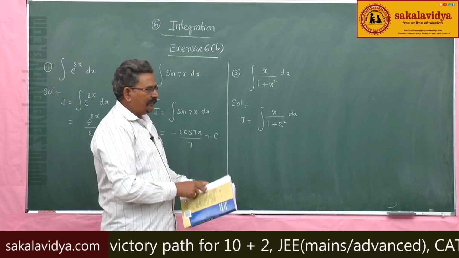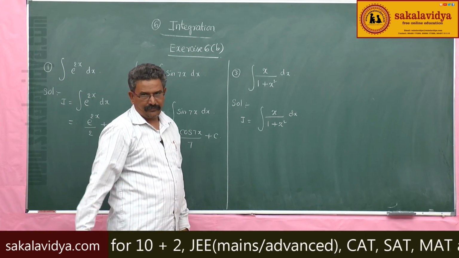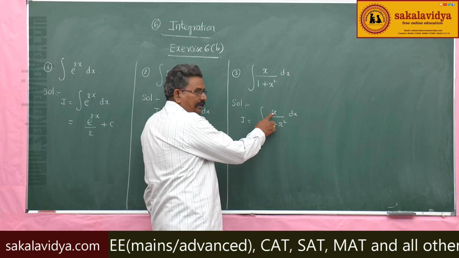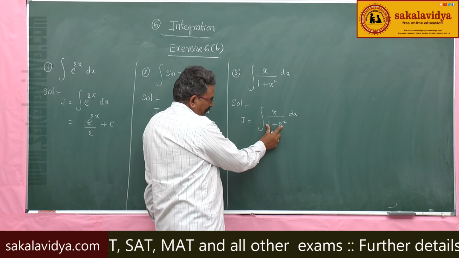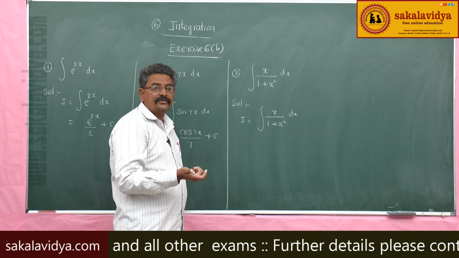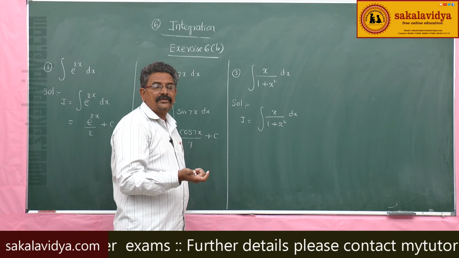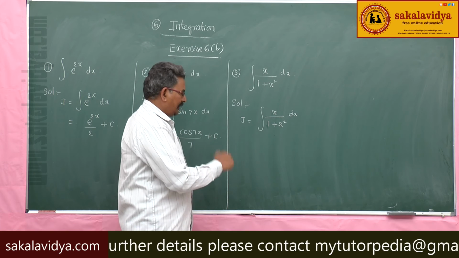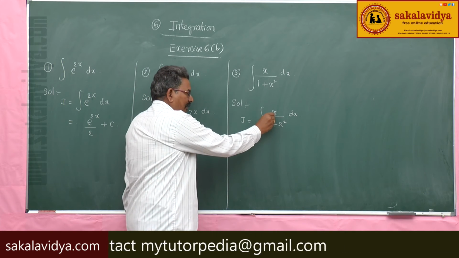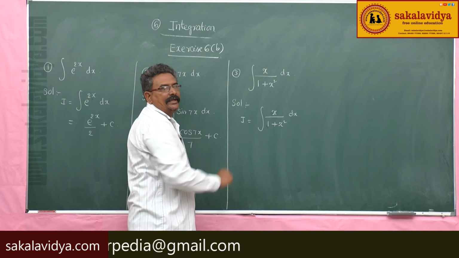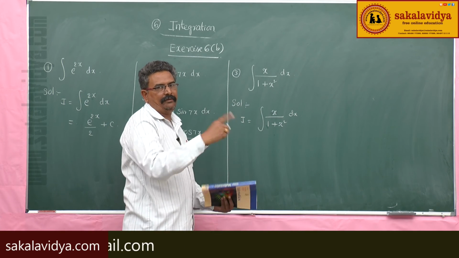If you observe this problem, the numerator will be part of the derivative of 1 plus x square. What is the derivative of 1 plus x square? Derivative of 1 is 0, derivative of x square is 2x. So, here we have to make it 2x, so multiply and divide by 2.